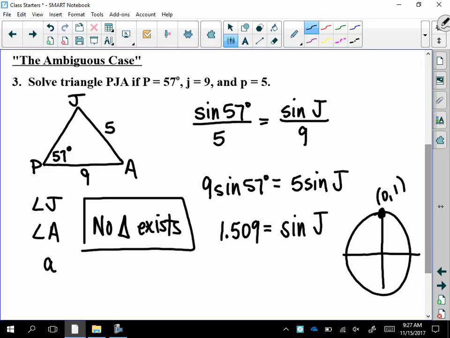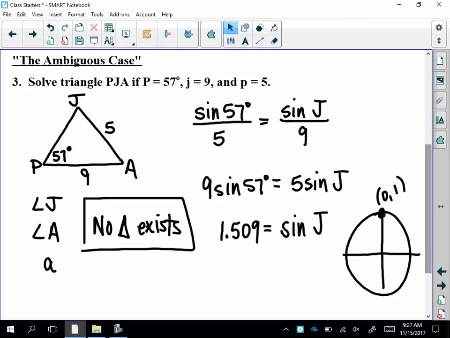Like a mystery, or it's uncertain, or we can't distinguish between answers. If it was unambiguous, that means there's one answer. Well, this is not an ambiguous case, because the answer is there is no answer. No triangle exists that will fit those conditions. But we're going to see problems in just a second where there are actually multiple triangles that will fit certain information. In those cases, it's referred to as an ambiguous case problem.